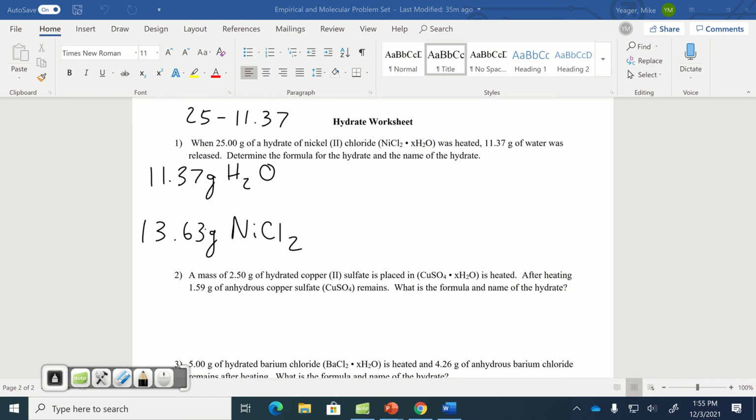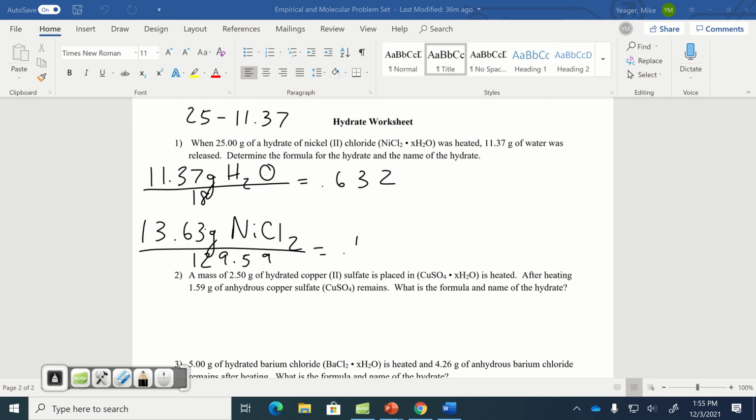All right. And so then what I do is I divide each one by its own molar mass. So divide by 18. Okay, this would be 11.37 divided by 18.632. And then the molar mass of nickel(II) chloride is 129.59. So then I divide that, 13.63.